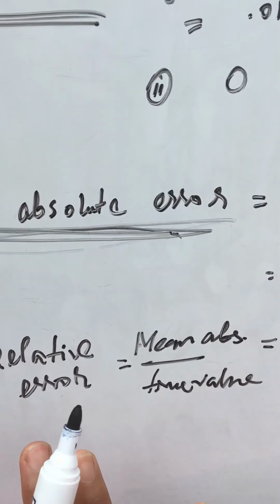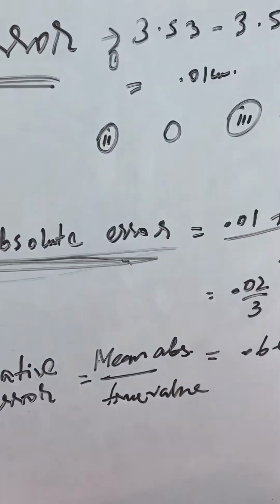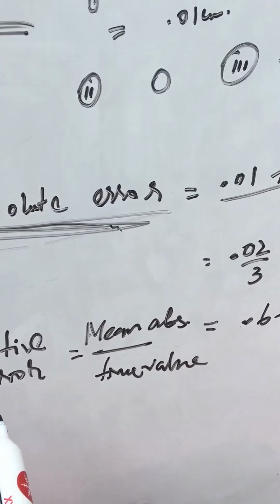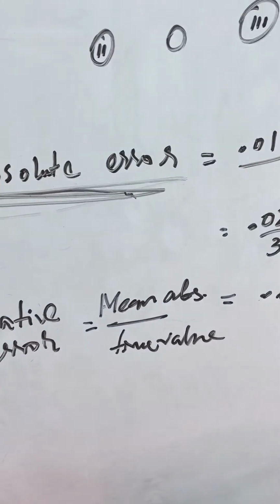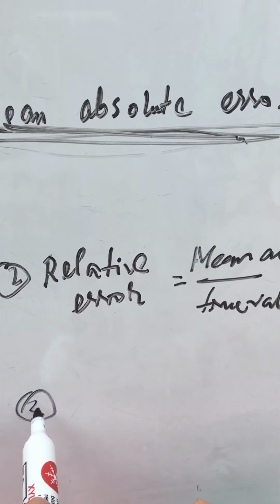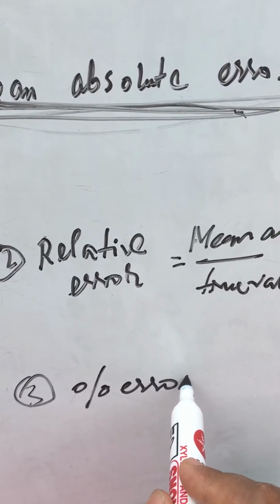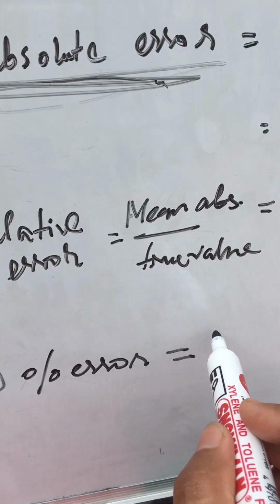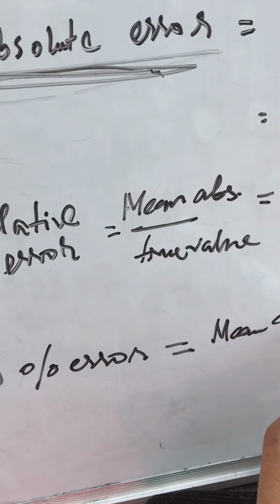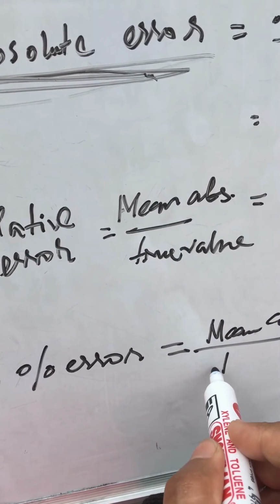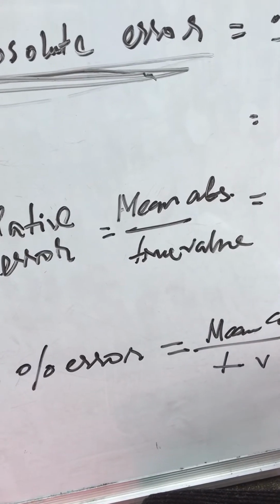In the note I have given, when the error is compared with the true value, that is the relative error. And when you multiply it by 100, it becomes the percentage error. So percentage error is the mean absolute error divided by the true value, into 100%. My writing is not good.